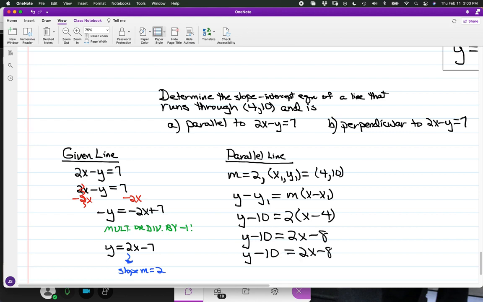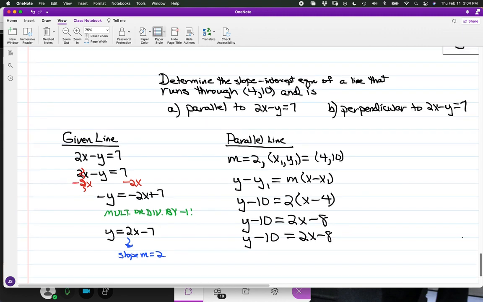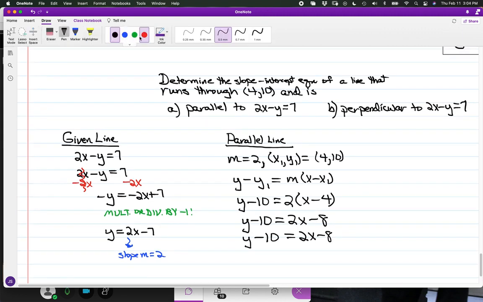And getting the y by itself, adding 10 to both sides, we have y is equal to 2x plus 2.